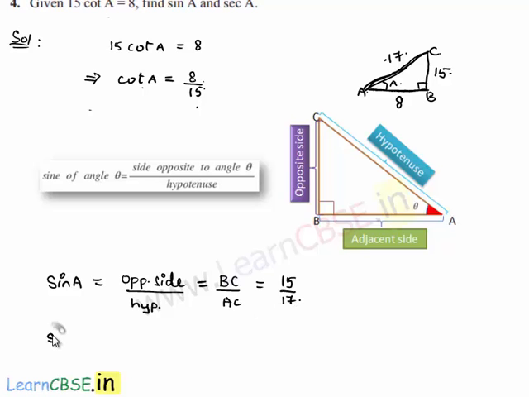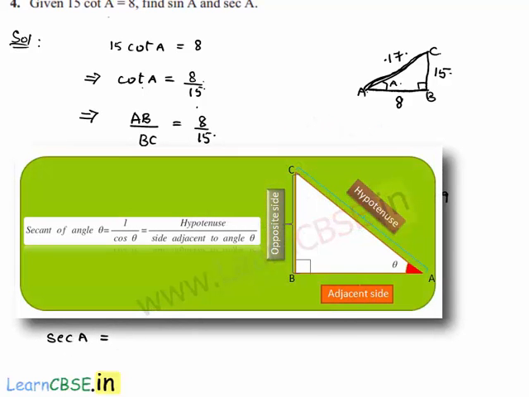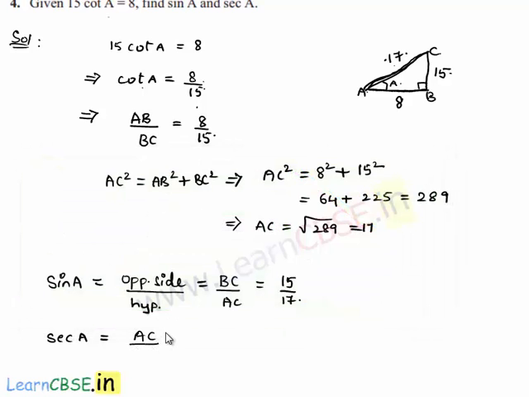And in the second part he asked us to find secant A. We know that secant of an angle is equal to its hypotenuse by the adjacent side. So here the hypotenuse is AC, and the adjacent side for angle A is AB, which is equal to AC is 17 and AB we got as 8. Therefore, secant A is equal to 17 by 8.